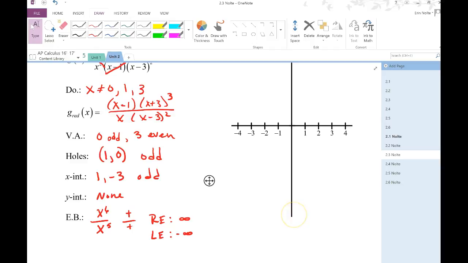Okay, so I'm going to start by plotting intercepts and asymptotes. We have a vertical asymptote at 0 and 3, so I'm going to draw dotted lines to represent vertical asymptotes. Sorry, those aren't super straight.